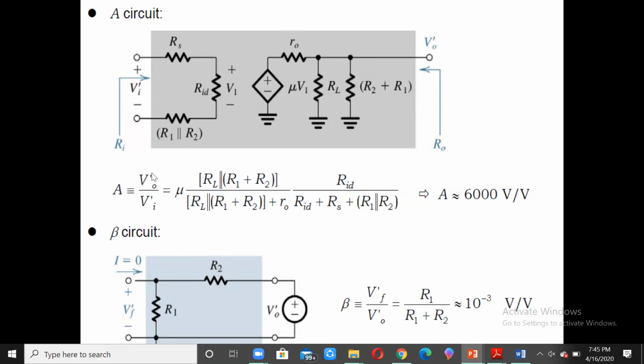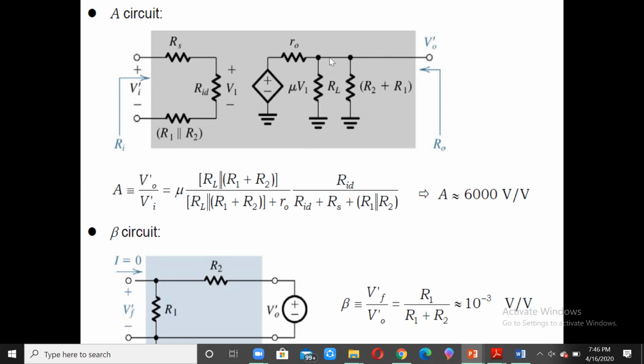we can try to write V0 by Vi dash. And what is V0? We can try to measure it in terms of this mu V1. So the output here, V0 dash, is equal to mu V1 multiplied by the parallel combination of this, divided by the sum of R0 and the parallel combination of this.